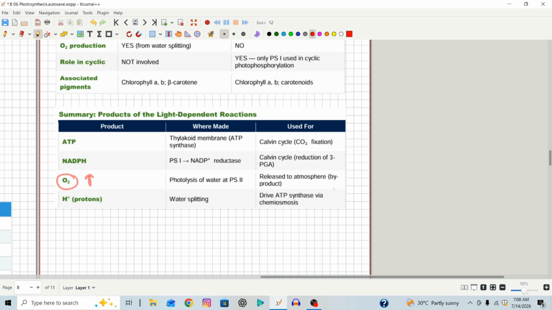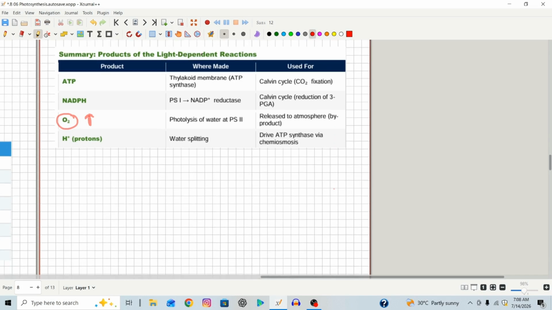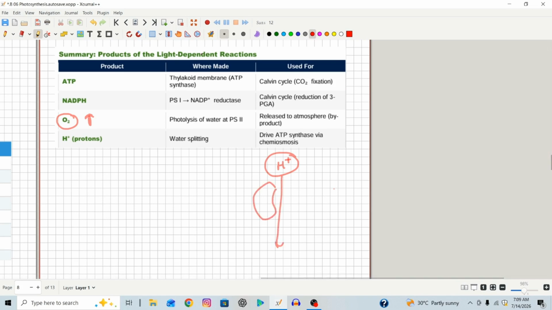And the hydrogen ions that were made are used to make ATP molecules, because they were used in water splitting and drive ATP synthesis. Do you remember chemiosmosis in respiration, right? You know that there was a gradient of hydrogen positive ions, and they moved through ATP synthetase or F1 particle from high to low, and ATP was formed, right?